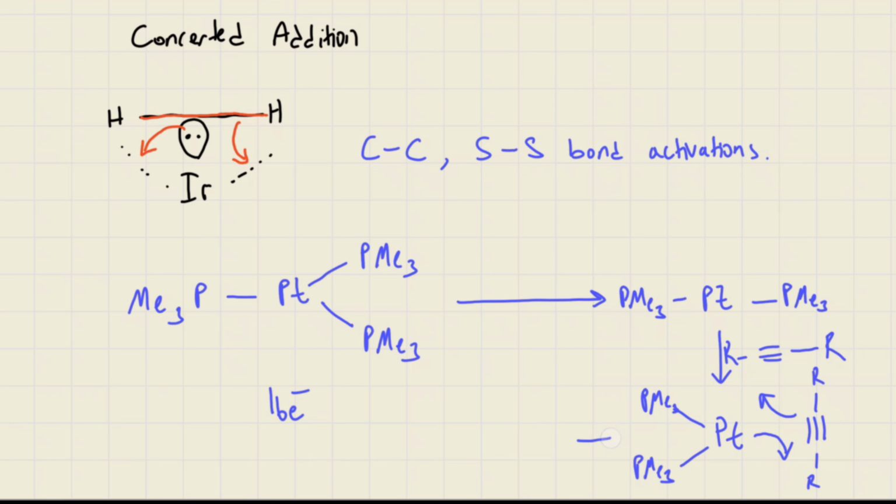And if you look at the platinum, it has 0 oxidation state here, and it is a 16 electron complex. But here, platinum has plus 2 oxidation state, it is a D8 system, and at the end of the reaction we still have 16 electrons. If you want, you can count.